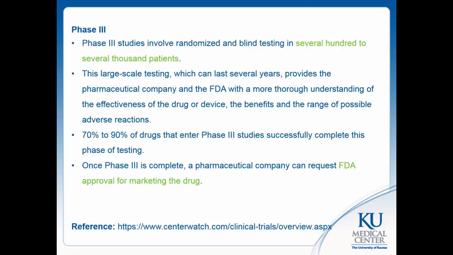What the pharma or FDA is trying to find out in phase three is the list of side effects that this drug could cause, so just compiling that entire list is what they're trying to do.